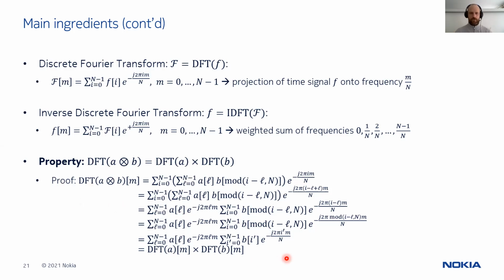Let's go through it, although they are fairly basic steps. What we like is that the DFT transforms something that we have almost for free, because what we have in practice is a convolution, into something that we like, this product.